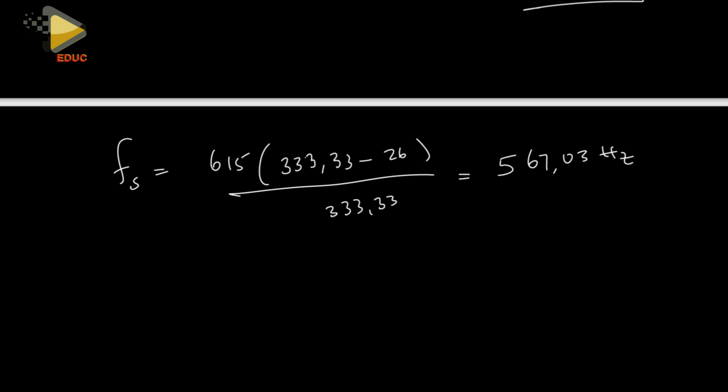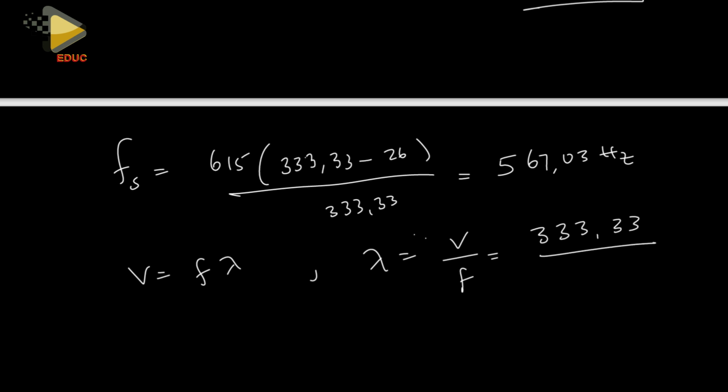Okay, so we know that V is equal to F lambda, which means that lambda is going to be V over frequency. So we know that V was 333.33. Now I'm dividing it by this 567.03.